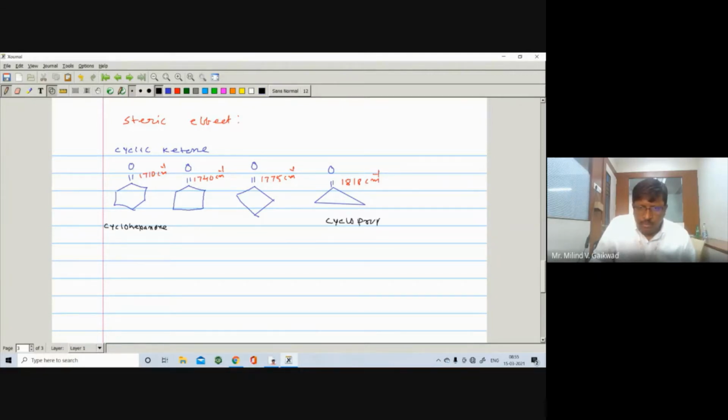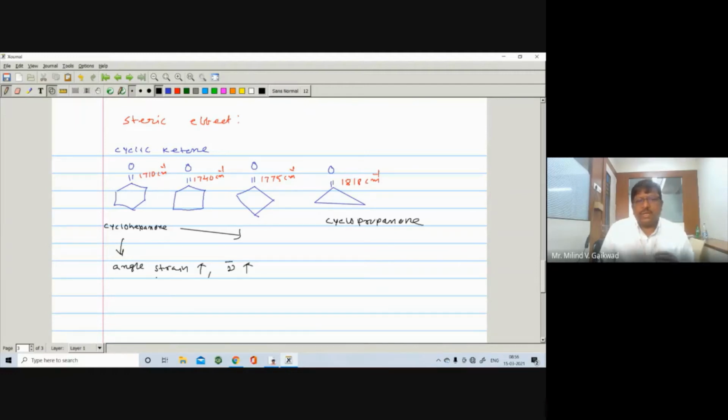cyclopropanone, as we move from cyclohexanone to cyclopropanone, when the size of the ring decreases, there is an increase in the steric hindrance. The angle strain increases, and in that case it is observed that the vibrational frequency also increases.